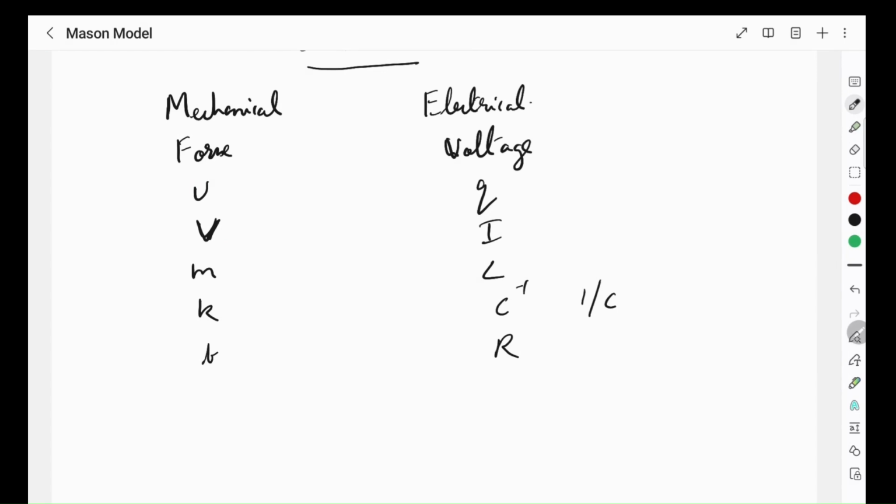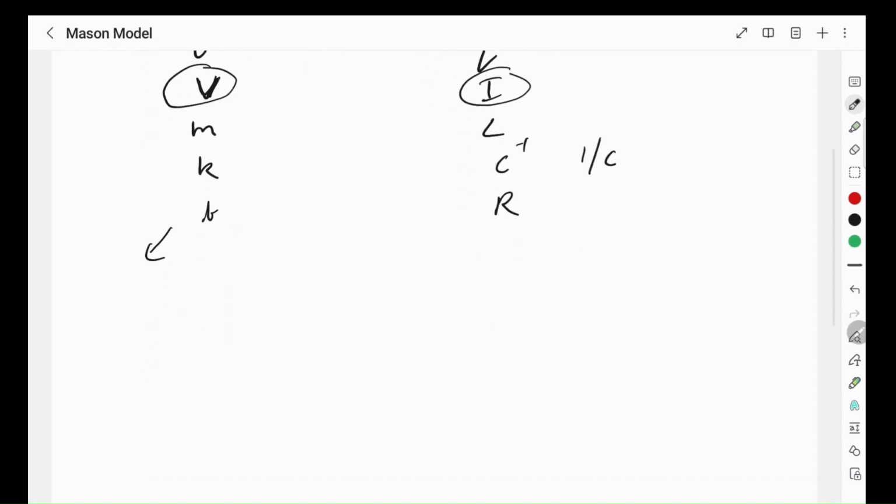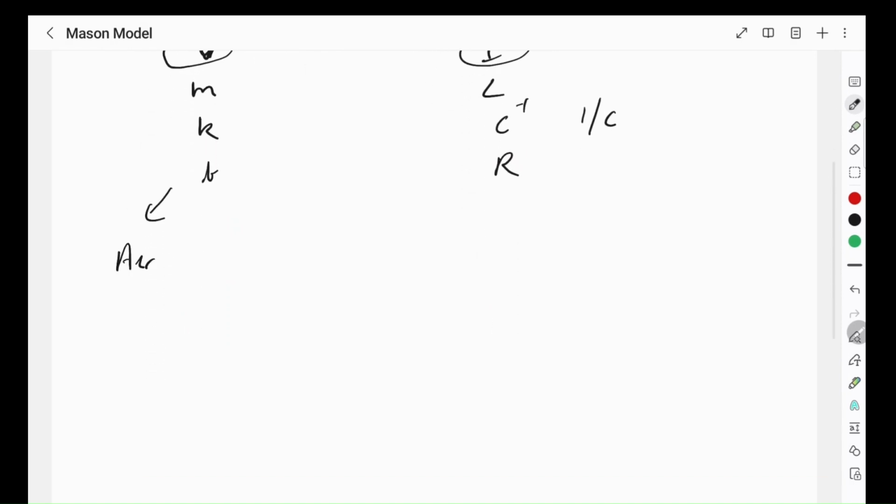So in electrical you have voltage; here the equivalent analogy is force, and for current you can take it as velocity. If you had resistance, here in the Mason model it will be similar to damping. You will have something called acoustic impedance. So what is acoustic impedance?